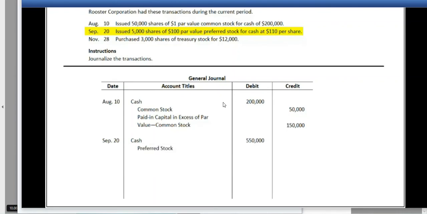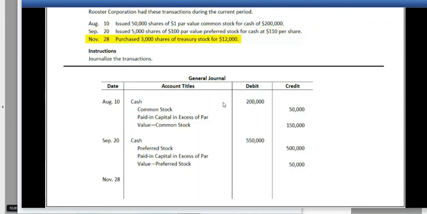Preferred stock will be credited for the par value of the stock of $500,000. This is calculated by multiplying 5,000 shares by $100 par value. Paid-in capital in excess of par value of preferred stock will be credited for the difference of $50,000.